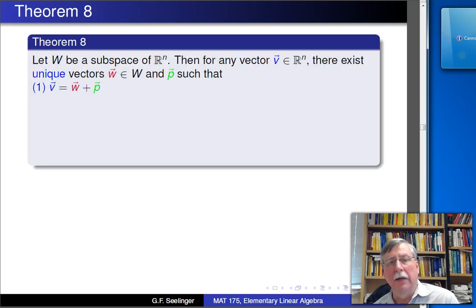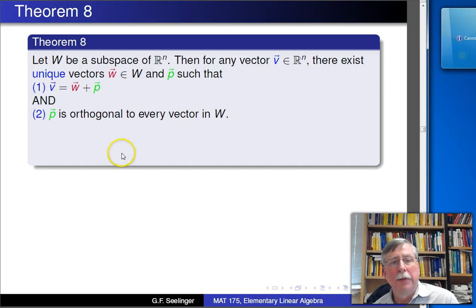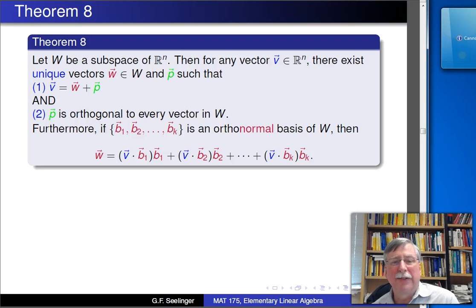And so here's Theorem 8, and this is a nice theorem. It says that for any vector V in Rn, if W is a subspace, we can find a W in my subspace and a P such that V is equal to W plus P, and P is orthogonal to every vector in W, so it's in the orthogonal complement of W. Furthermore, if I have an orthonormal basis of W, then W is equal to this expression here.